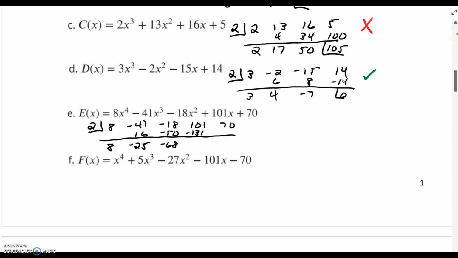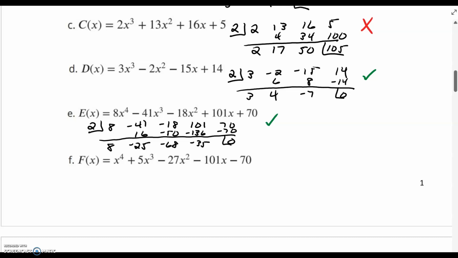Check my arithmetic. I'm pretty sure that's correct. 101 minus 136 is -35. 2 times -35 is -70. I have a 0 remainder. Perfect. I know that x minus 2 is a factor of that polynomial.